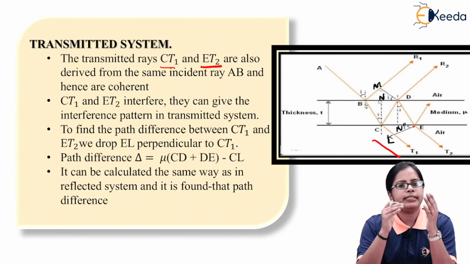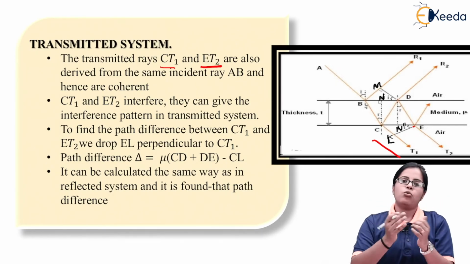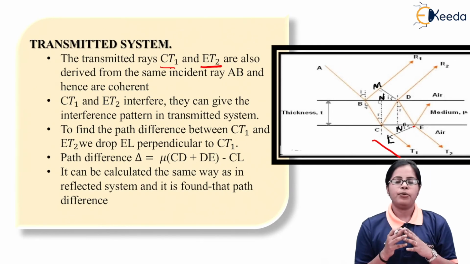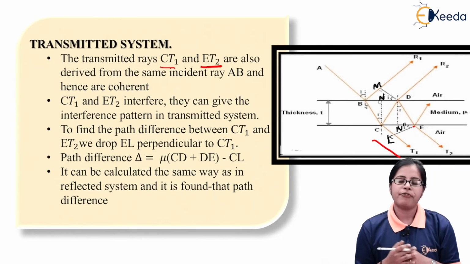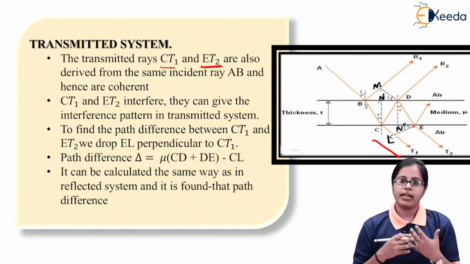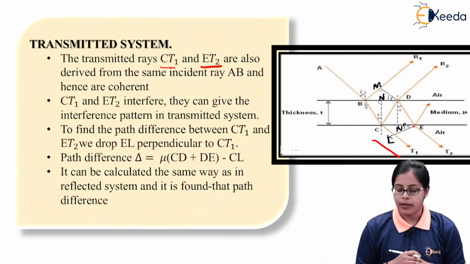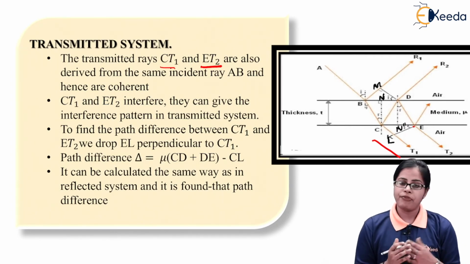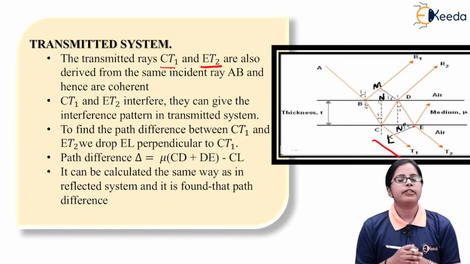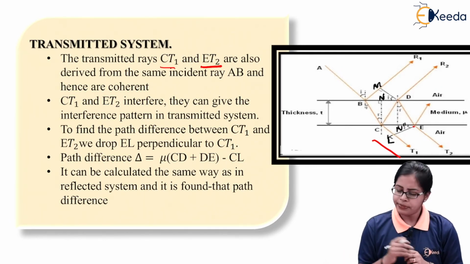Now we are allowing the CT1 ray and ET2 ray to interfere. So if we allow them to interfere, we try to calculate the path difference between the two rays. Once I get the path difference, we get the conditions for the maxima and the conditions for the minima. Now obviously, as I said before, to obtain the path difference in the diagram, we need to drop a perpendicular.